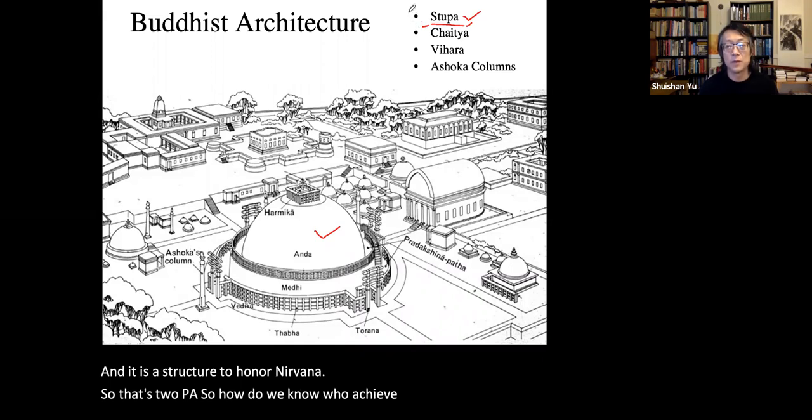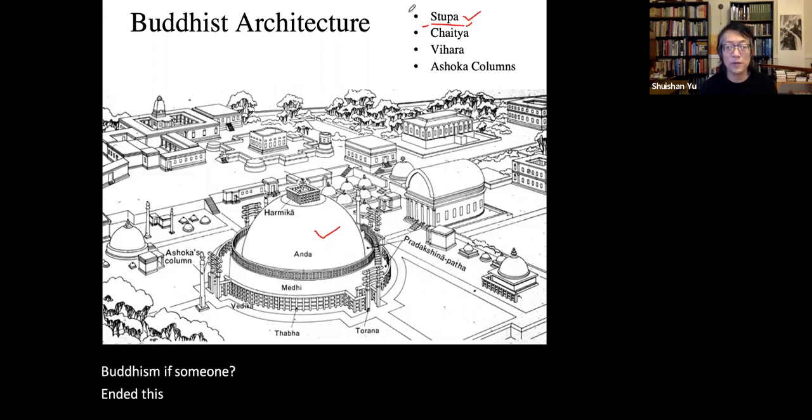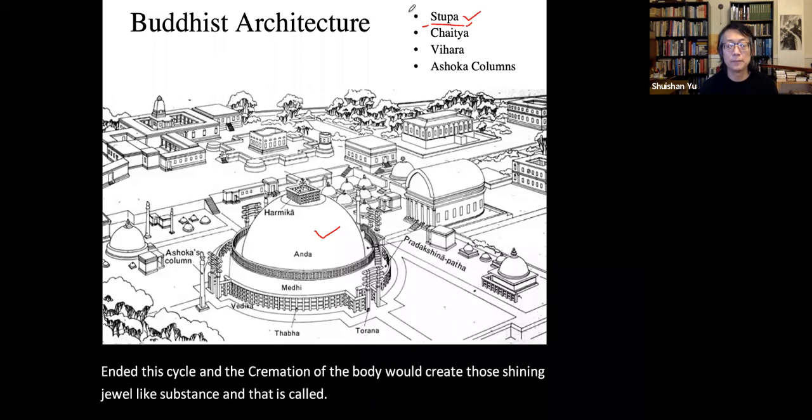So how do we know who achieved Nirvana? Well, according to Buddhism, if someone ended this cycle, the cremation of the body would create those shining jewel-like substances, and that is called the Buddhist relics, right?